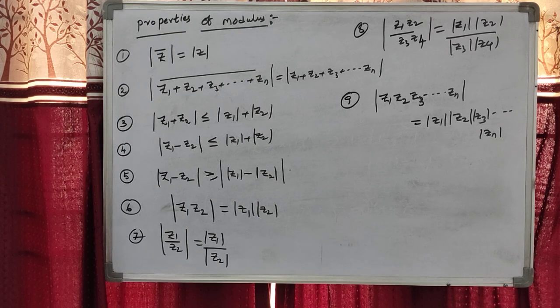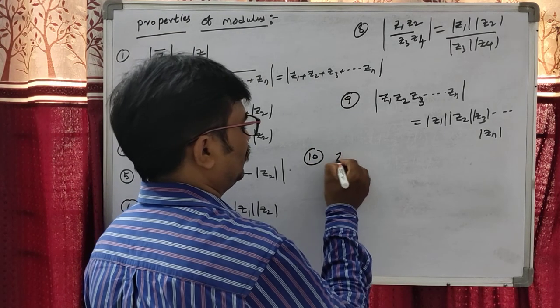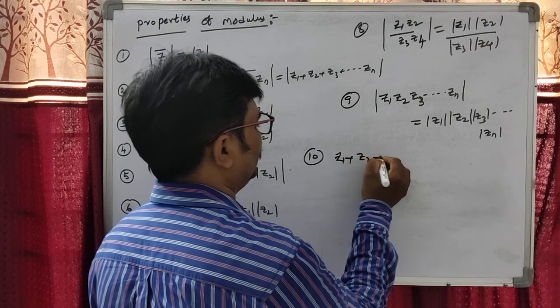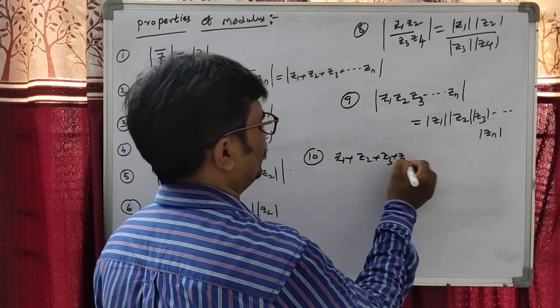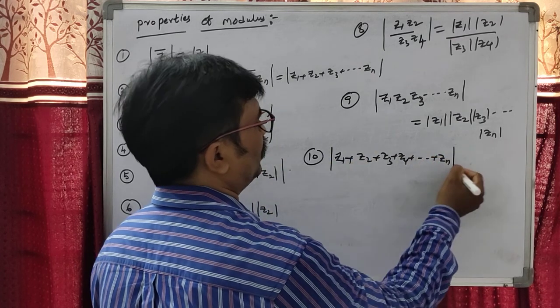Now, students, the 10th property: z1 + z2 + z3 + z4 and so on up to zn.